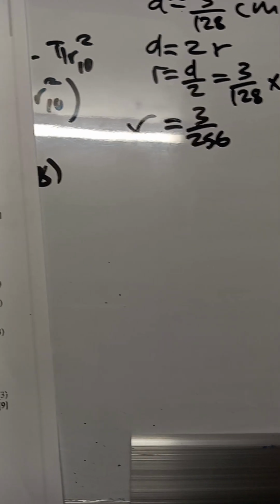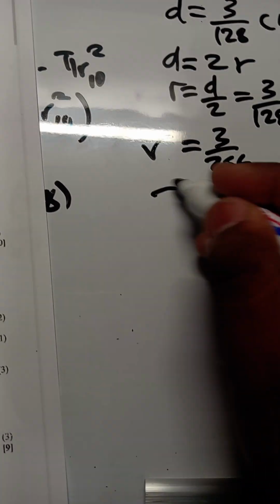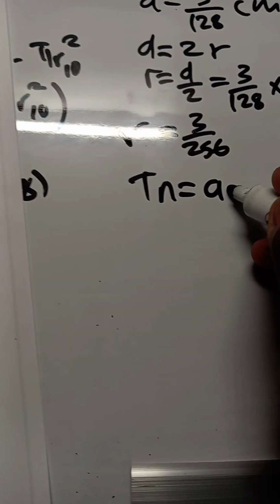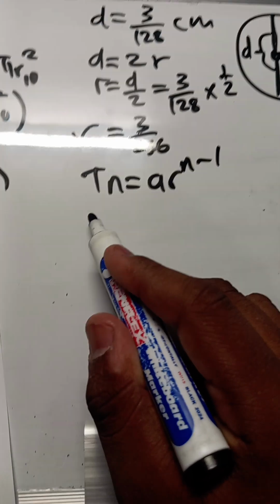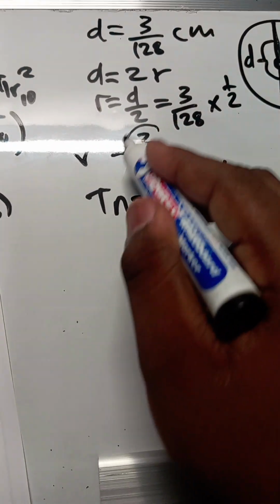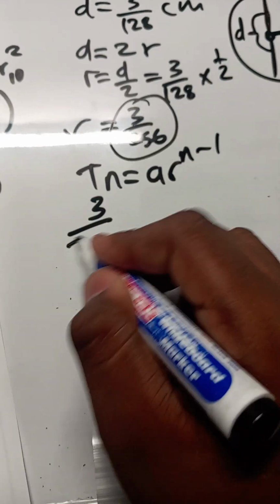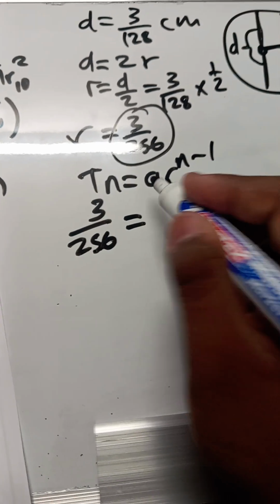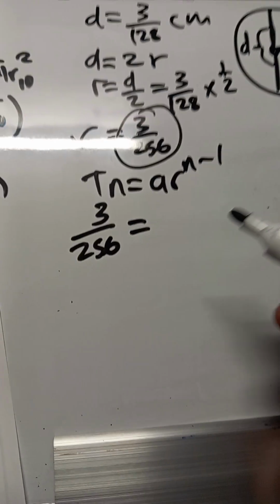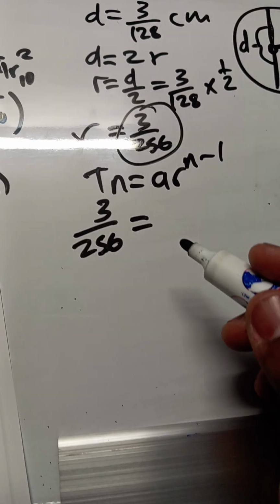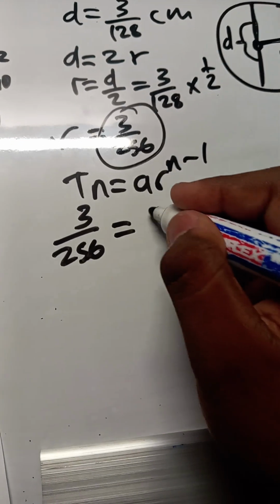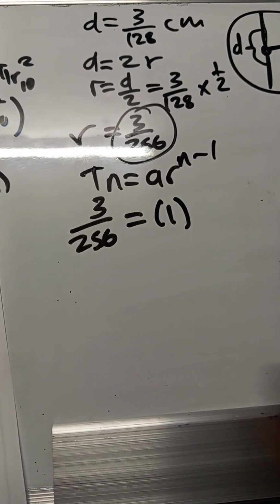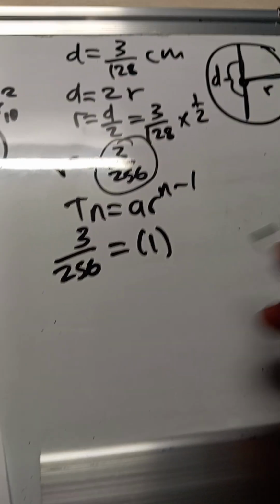Now we continue. I'm just going to say my Tn equals A R to the n minus 1. The Tn is going to be 3 over 256. Then my value of A is the one that I had there. Where is my value of A there? The value of A is going to be 1. And then what is going to be the value of R?